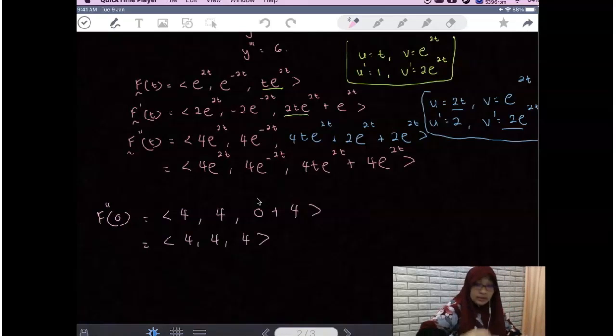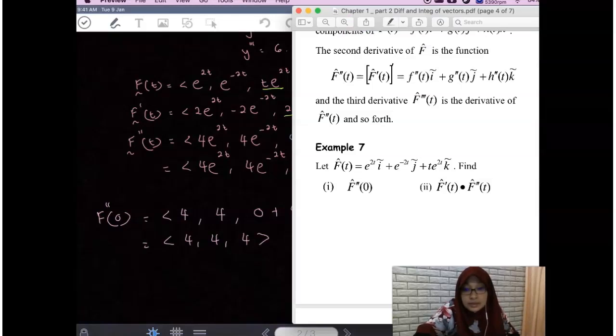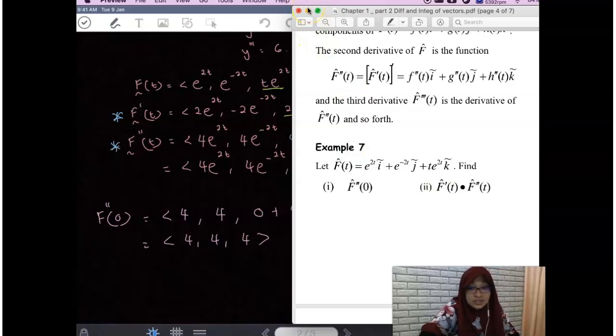And then the second one, f prime of t multiplied by the second derivative. So you need to multiply this and this. We have the dot product. It's not just a regular multiplication; in vectors there is no regular multiplication between two vectors, whether you have dot or cross.